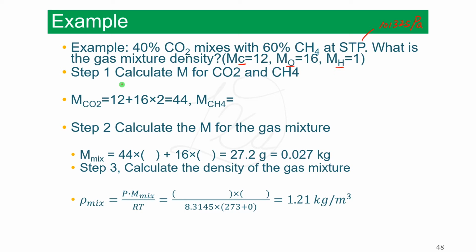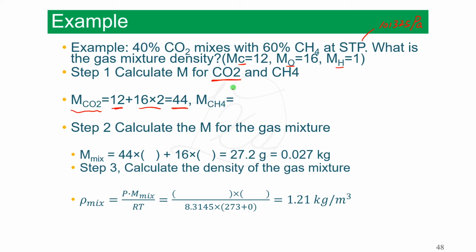The first step is to calculate the molecular weight for the individual gases. Because we don't know the density of CO2 and methane, we need to use the method that calculates the molecular weight for CO2 and methane. For CO2, it has 1 carbon and 2 oxygen, so the molecular weight is 44.